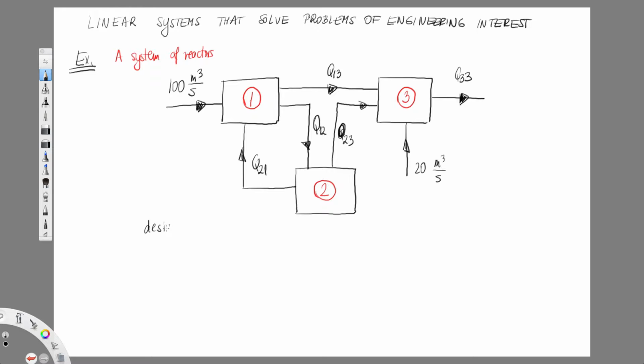So design steady state flow through the system. And that basically means that whatever comes into each reactor has to be equal to what comes out. Okay, I have to have a mass balance. There's no accumulation anywhere. So what comes in equals what comes out.